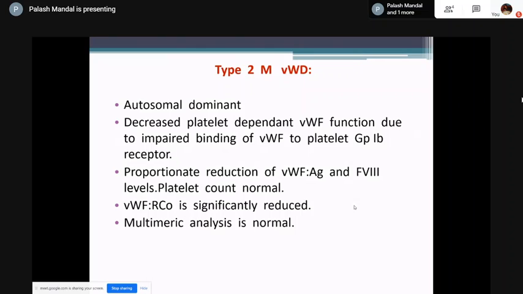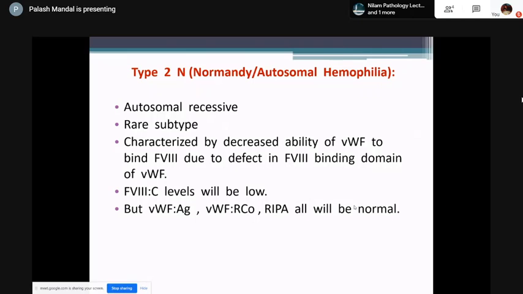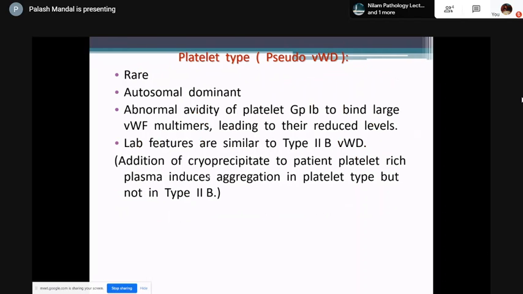Type 2M is autosomal dominant. 2N, known as Normandy or autosomal hemophilia, is an autosomal recessive type characterized by decreased ability of von Willebrand factor to bind factor 8. Okay. This one is also autosomal recessive, but it is rare. Platelet type, also known as pseudo von Willebrand disease, is again autosomal dominant.